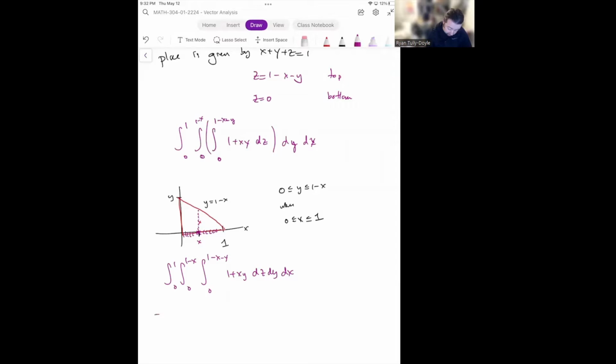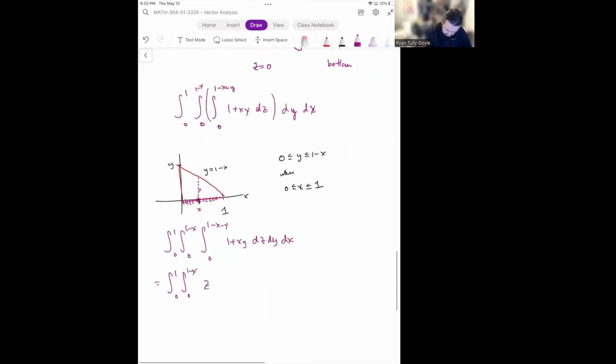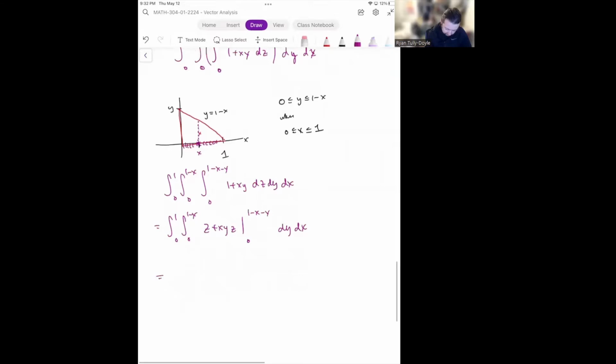Okay. So this is the integral from 0 to 1, integral 0 to 1 minus x of z plus xyz, evaluated from 0 to 1 minus x minus y, which gets us the integral from 0 to 1, integral from 0 to 1 minus x of 1 minus x minus y plus xy times 1 minus x minus y dy dx.